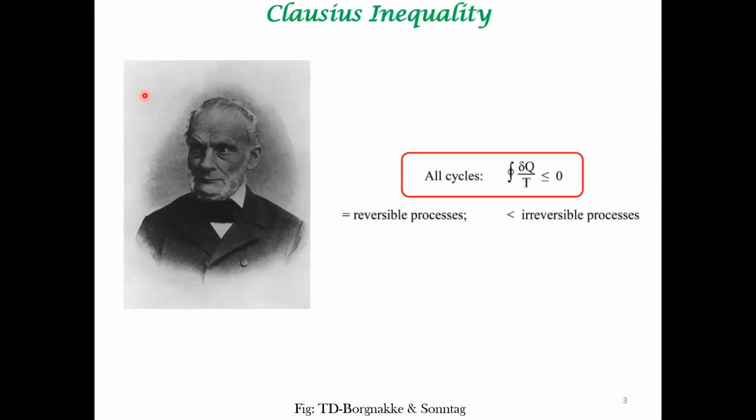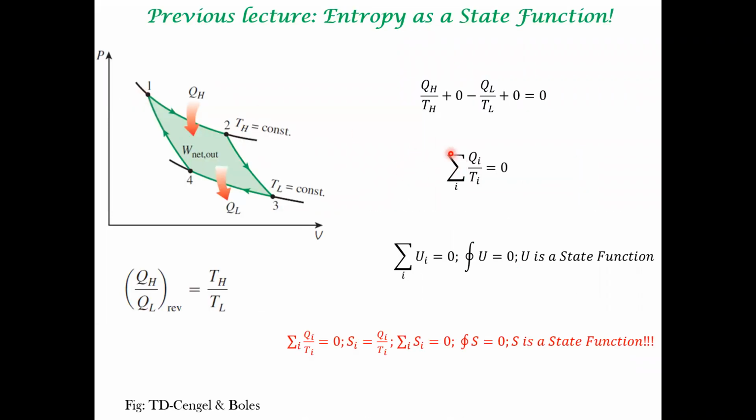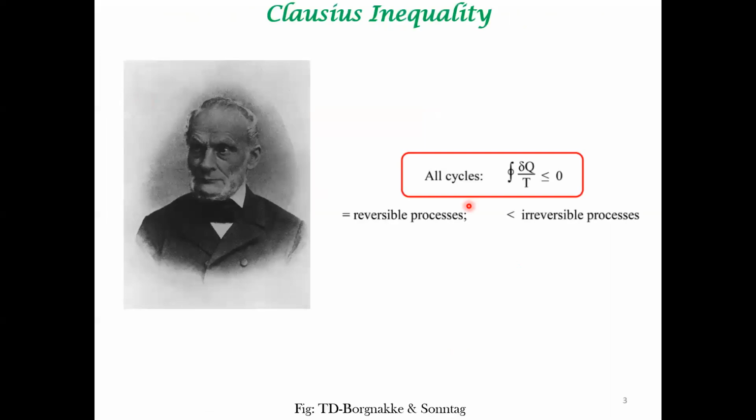So Clausius, if you notice this form, the early form of entropy came from analysis by Clausius. As you can see, he seems to be a very serious scientist. He's considered to be one of the founding fathers of thermodynamics.